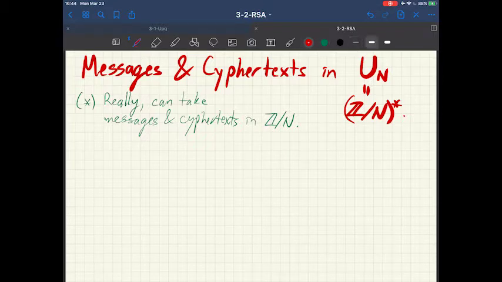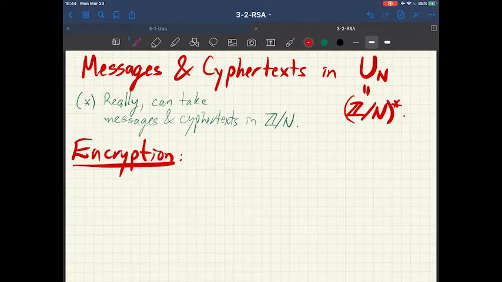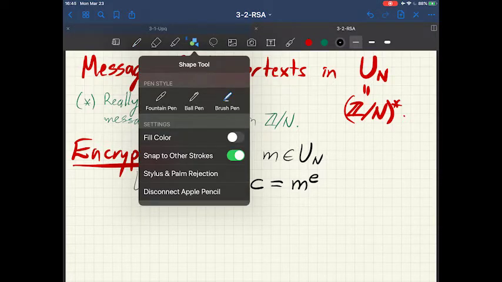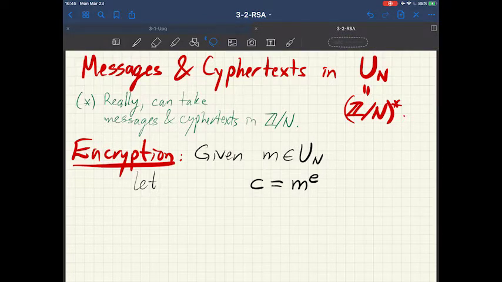Let's go back to the encryption. Given m in U_n, so that's the message you're trying to encrypt, the corresponding c is m to the e.